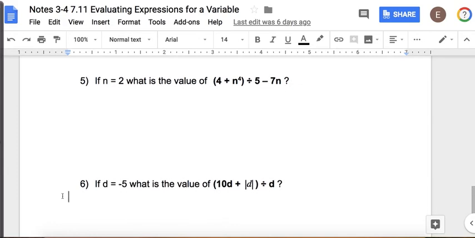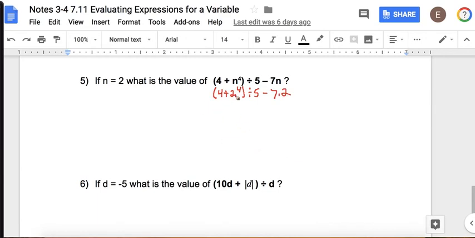If n equals 2, what is the value of parentheses 4 plus n to the fourth divided by 5 minus 7 times n? Sorry about that. So we're going to take out all the n's and put 2. So 4 plus 2 to the fourth divided by 5 minus 7 times 2.